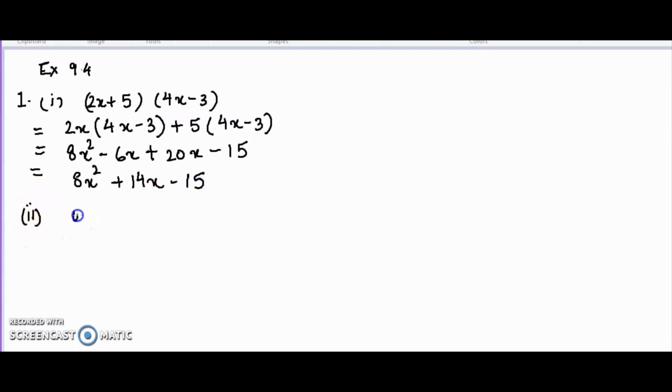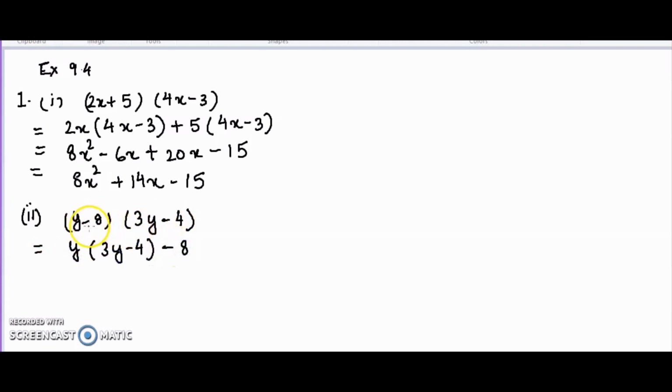Y minus 8 and 3y minus 4. These are the binomials which you have to multiply. So first one with the entire second term, that is 3y minus 4, minus 8.